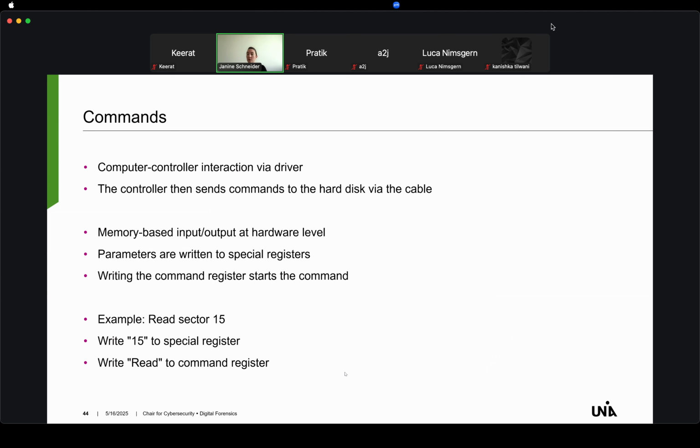And if the controller didn't do it yet, there is a chance that you could get deleted data from a chip. So you would have to desolder it, read it out with an adapter.